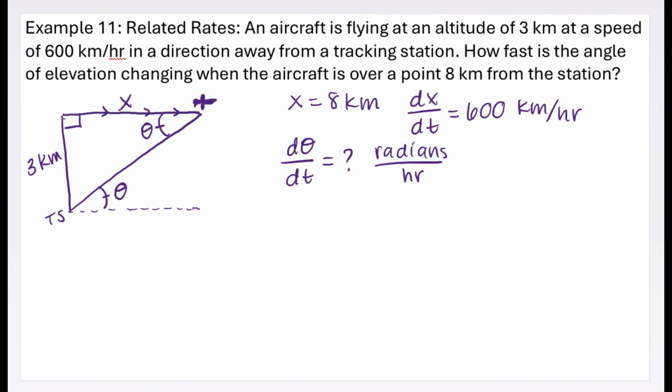But I'm going to go ahead and try to set up something to relate the angle to the sides, which is going to be our right triangle trig. So if this is the angle that I'm looking at, this is going to be the opposite side from the angle, and this is going to be the adjacent side. So when I'm talking about opposite and adjacent, I'm talking about tangent.